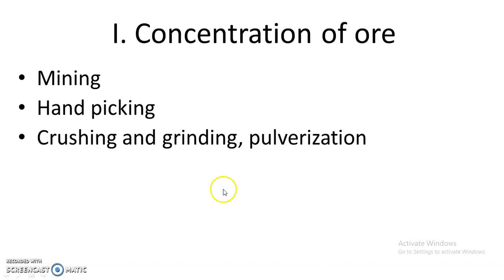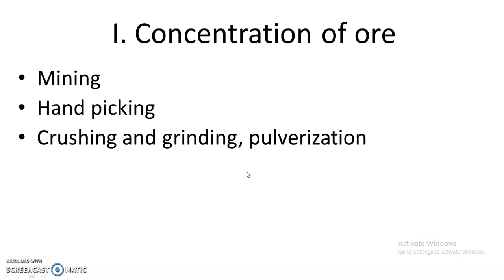Now the next operation for the concentration of ore is crushing and grinding, as well as pulverization. The big lumps of ore are crushed into smaller pieces with the help of jaw crushers or by hammering in a hammer mill.